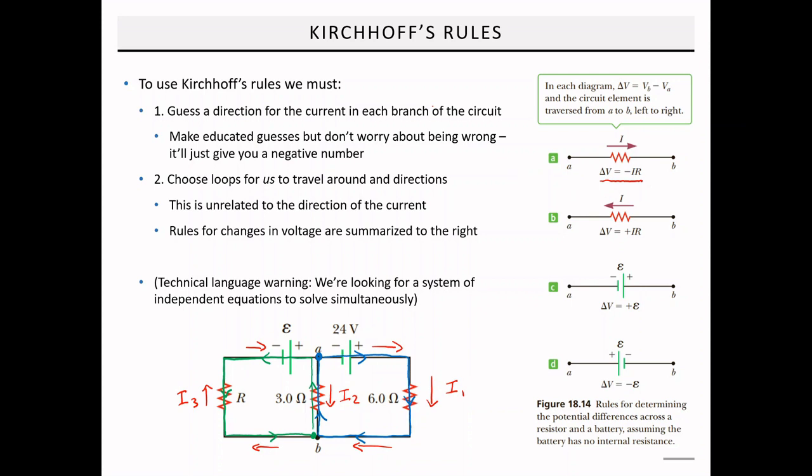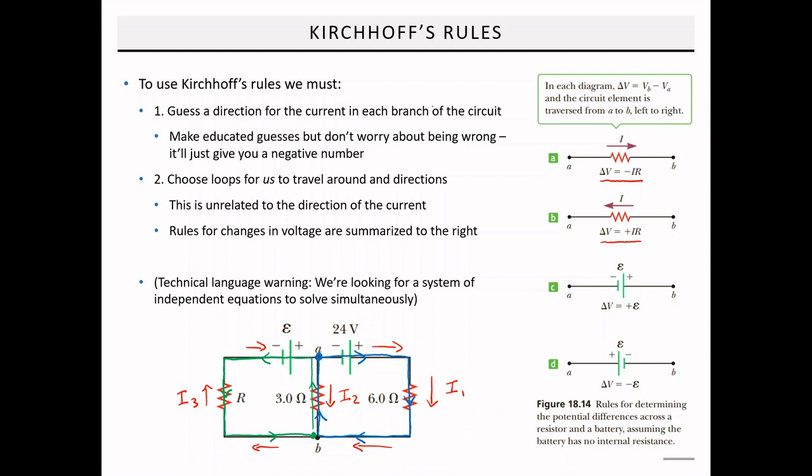In example B, we're again walking to the right, but we walk across that resistor in the opposite direction that we chose the current. So when we walk across a resistor in the opposite direction that we choose the current, we use a plus sign in our loop rule equation for the change in voltage.